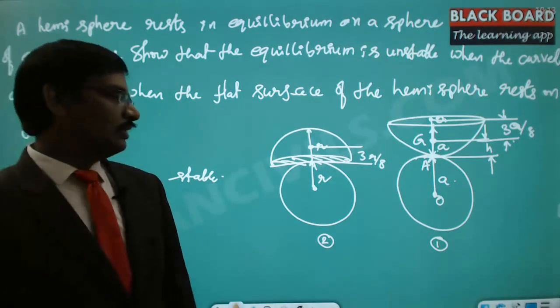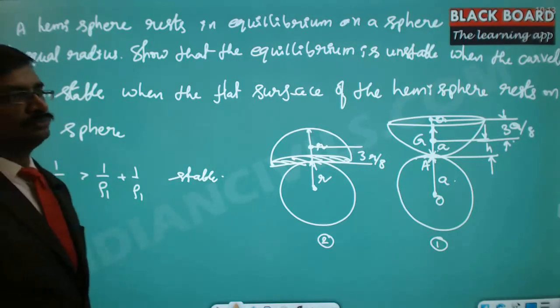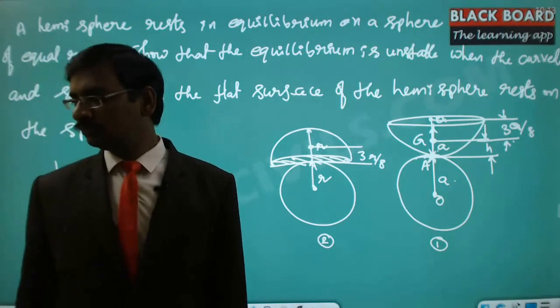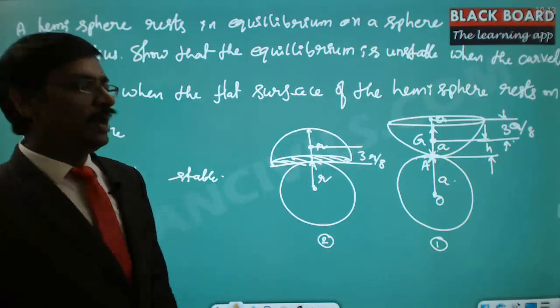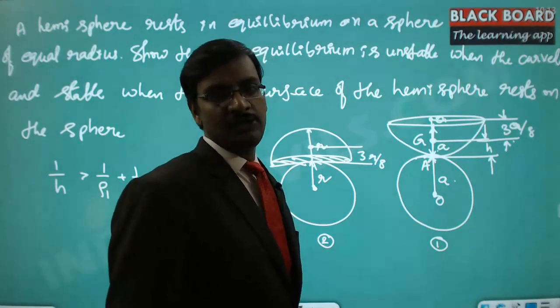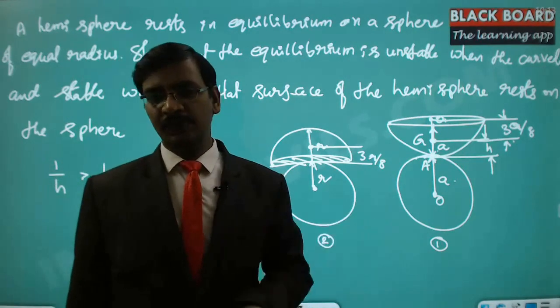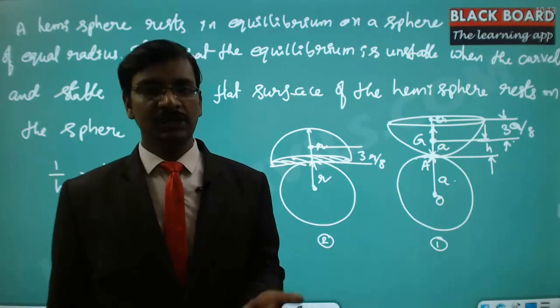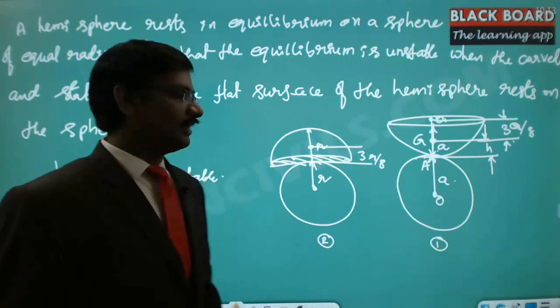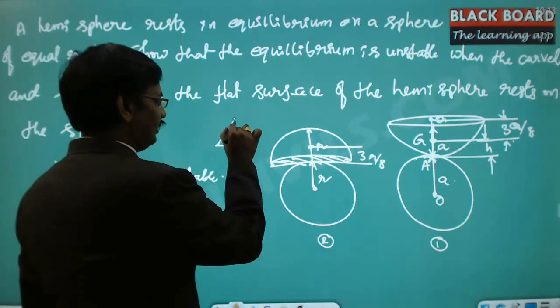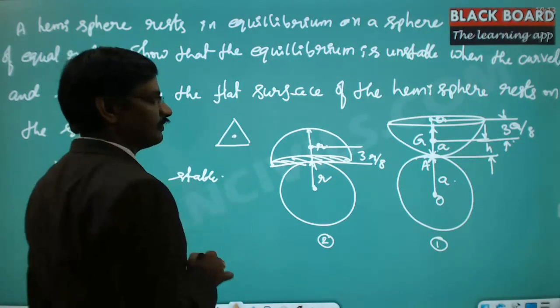Right? So now what is the h value? You have to remember the center of gravity value. For any triangle, 2/3 of the height from the top is the center of gravity location. Suppose you take this triangular shape, so this is the center of gravity.